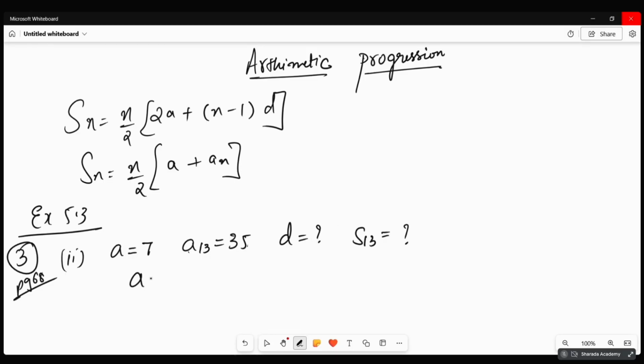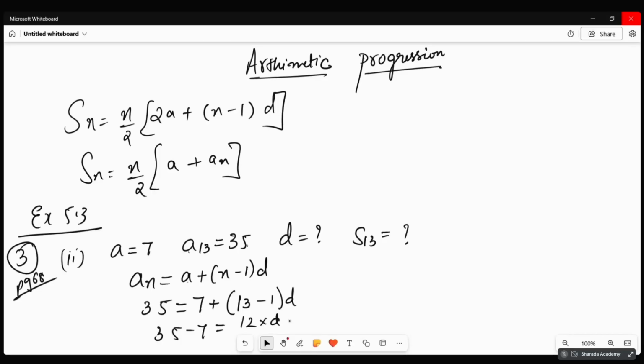That means I have to use the formula an is equal to a plus n minus 1 into d. an, that is a13 value, is 35. So that is equal to a is 7 plus n is 13 here, 13 minus 1 into d. So 35 minus 7 is equal to 13 minus 1, 12, 12d.